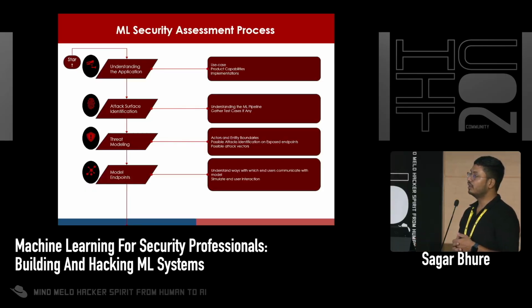I've created these guidelines to help any engineer understand how to do a security assessment of any machine learning deployment. You first understand the application, whether it's a vision-based system like an autonomous car or an LLM-based engine like ChatGPT, so you understand the use case and what the product capabilities are. The next one is attack surface identification.